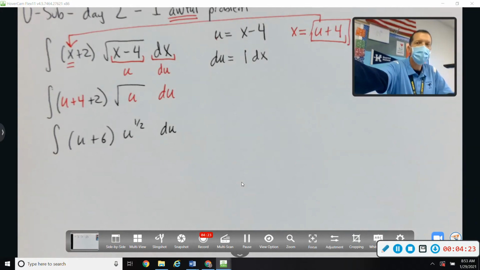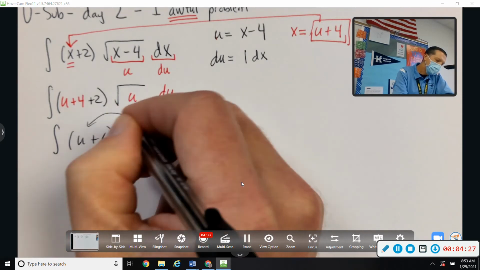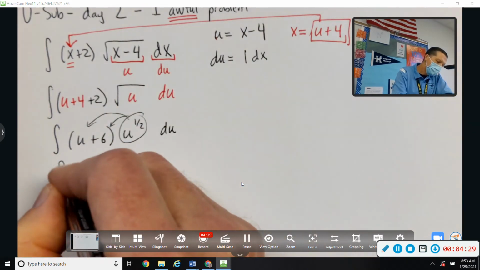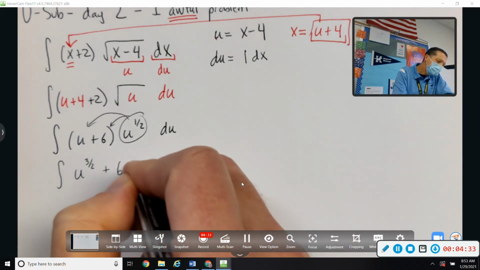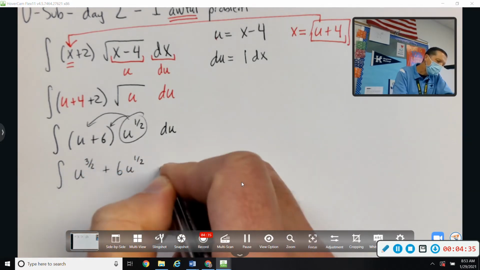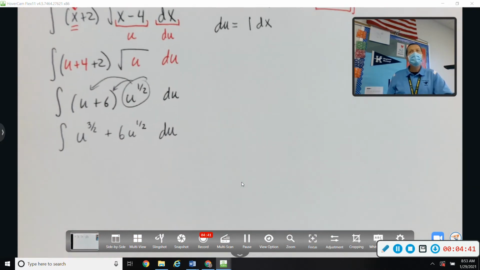So let's distribute that u to the 1/2. So u to the 3/2 plus 6u to the 1/2 du. Now I can antiderivative. I can handle each of those.